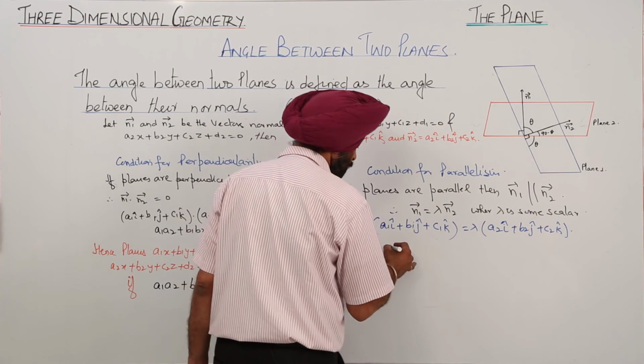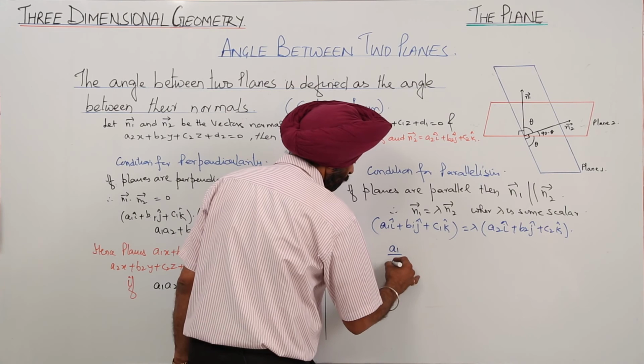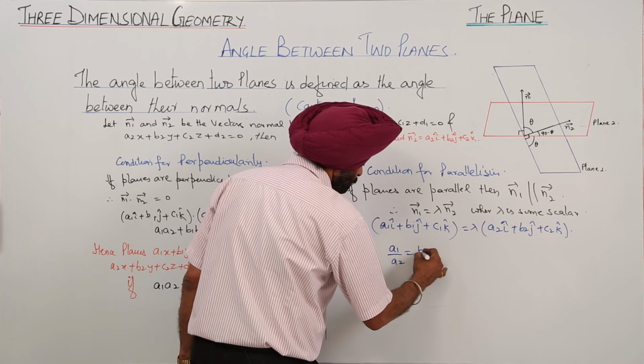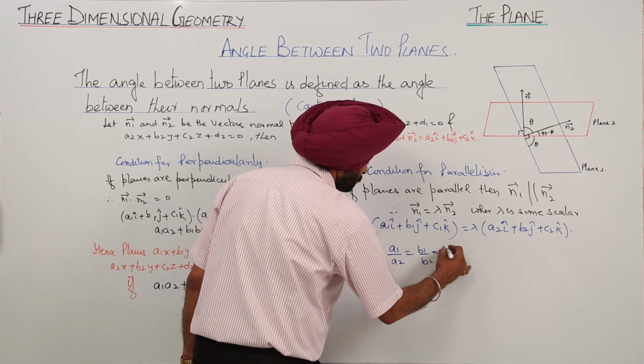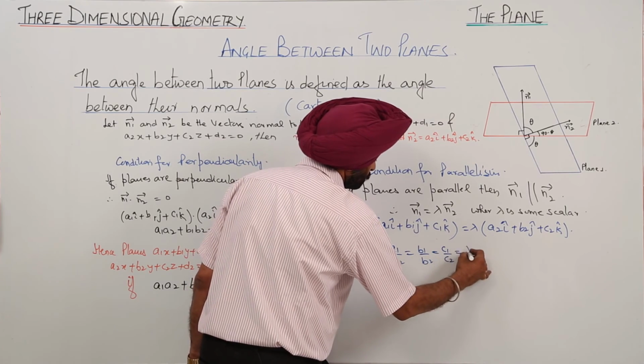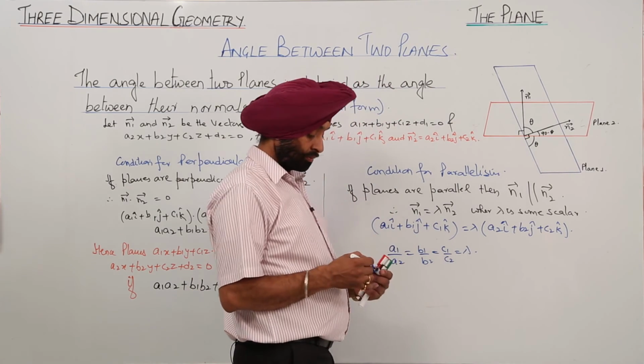Now a1 upon a2 is equal to b1 upon b2 is equal to c1 upon c2 is equal to lambda.